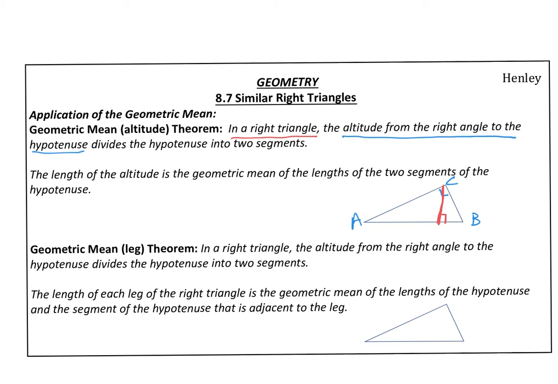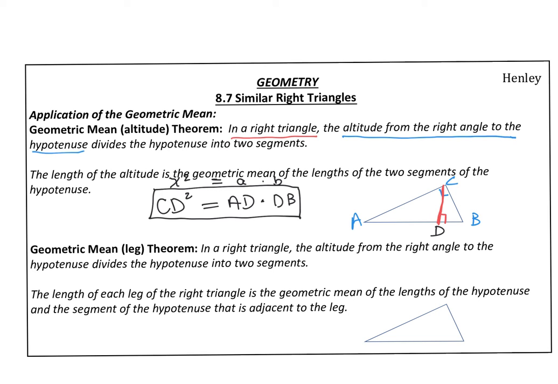We're going to call this one D. We have CD squared equals AD times DB. So, in this equation, CD squared is x squared equals AD is our A and DB is B.